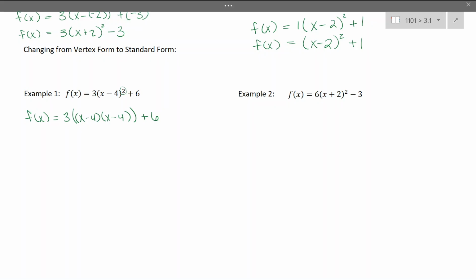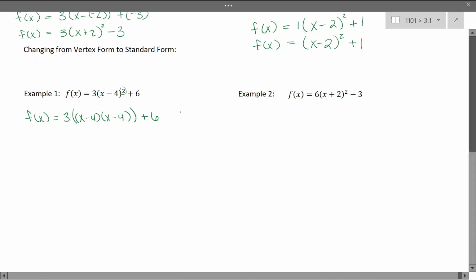By squaring it, we're just saying multiply it by itself. Now that we've written it this way, we can FOIL it, which is first, outer, inner, last. We can FOIL it and get the terms we need.